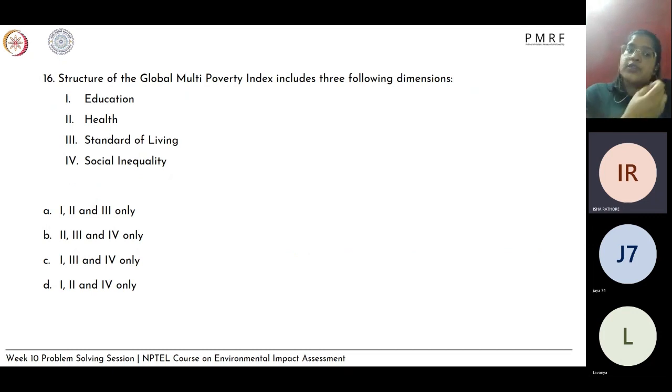So moving on to question 16, the structure of the global multi-poverty index includes the following dimensions. One, education, two, health, three, standard of living, and fourth, social inequality. So which of the following dimensions are correct from the given options from A to D?